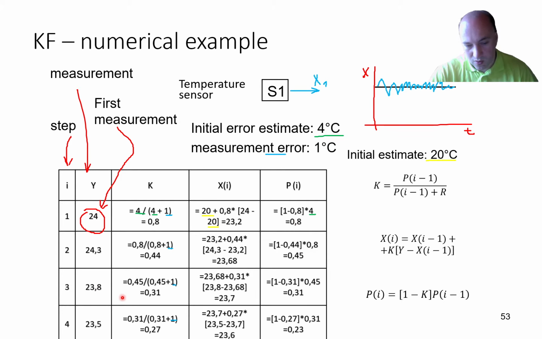And then we can go on with the more samples as they will arrive. But you can see here in the Kalman gain that it will go slowly to a value that is telling me that I trust the model, and I trust the model more than I trust my measurements.